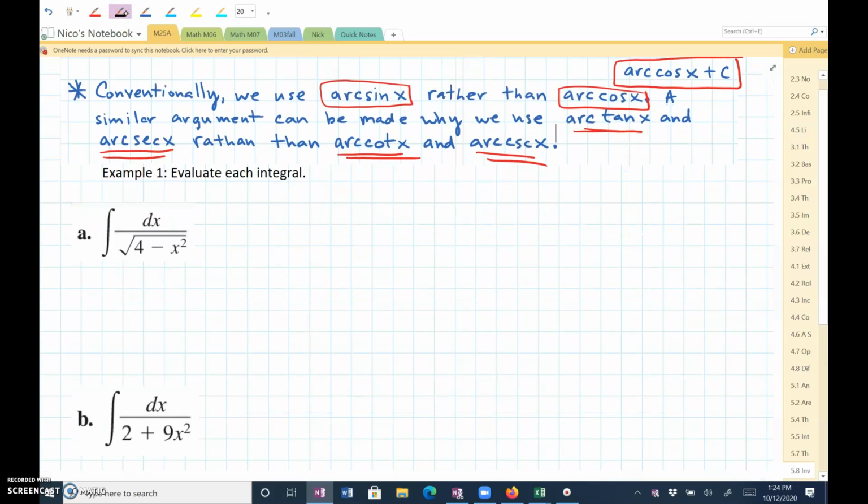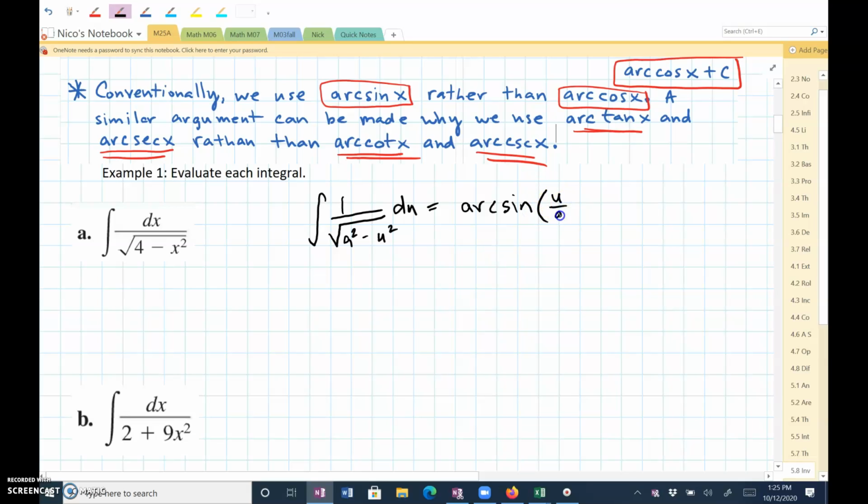So for part A, we need to figure out if we're using the rule, the integral of 1 over the square root of a squared minus u squared du, which would be equal to arc sine of u over a plus c.